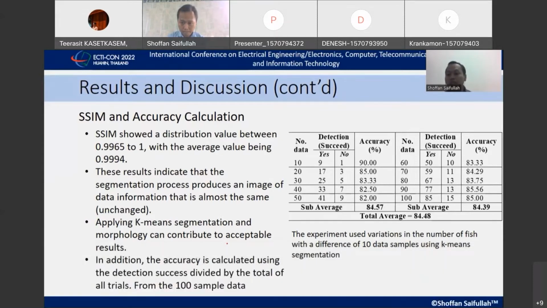The total average of this process has a value of 84.48% across all scenarios of this Kalman segmentation to detect the fish.